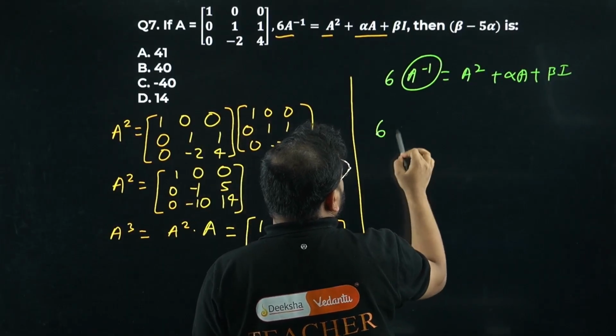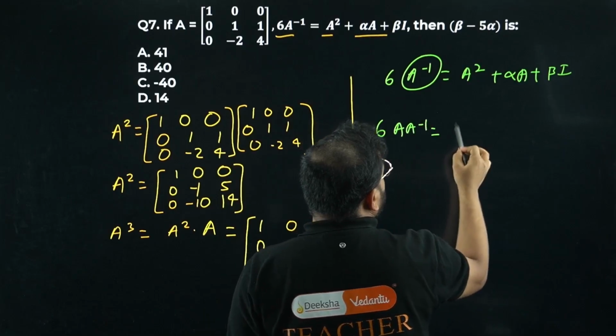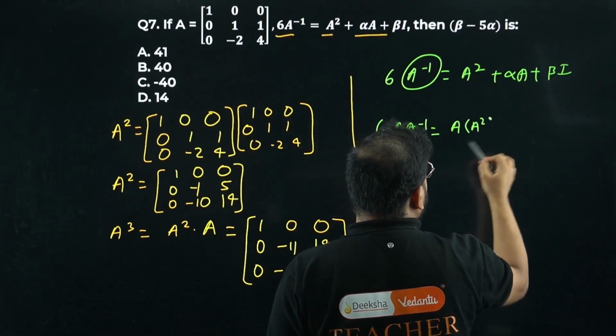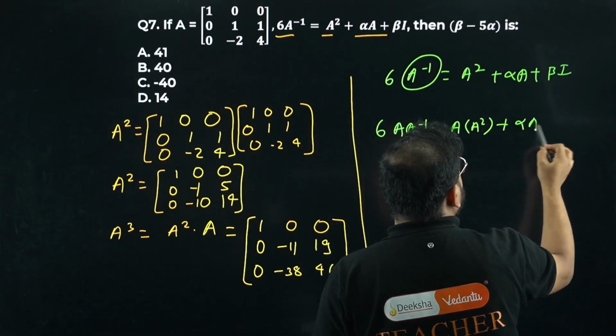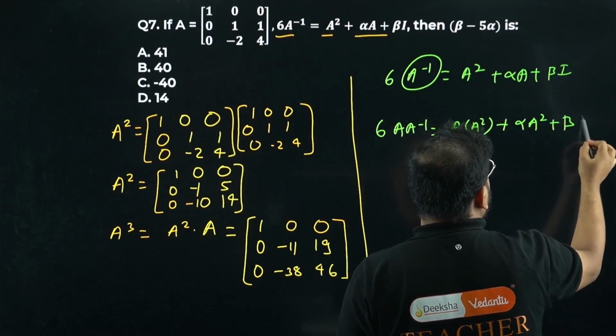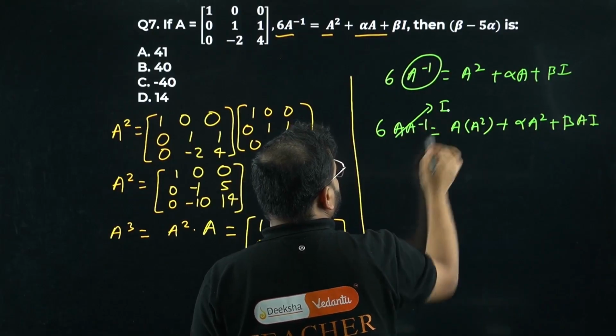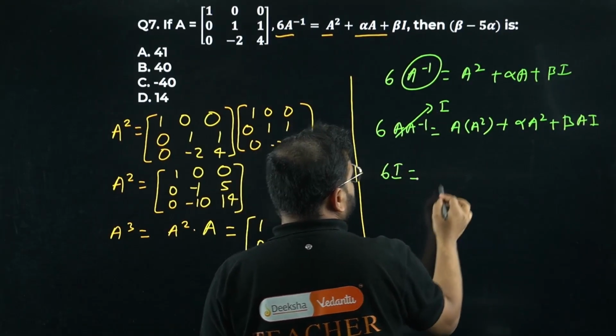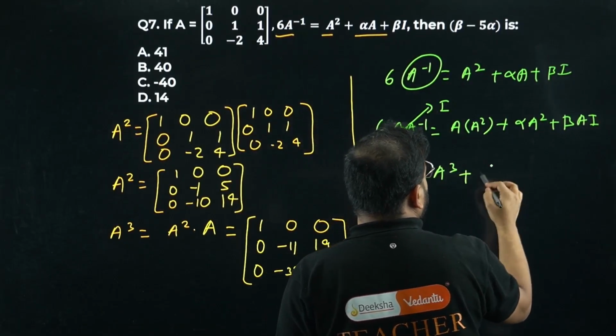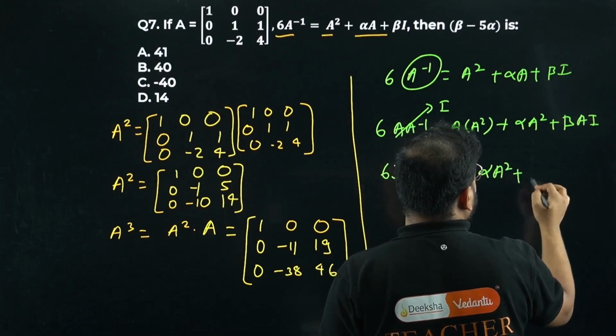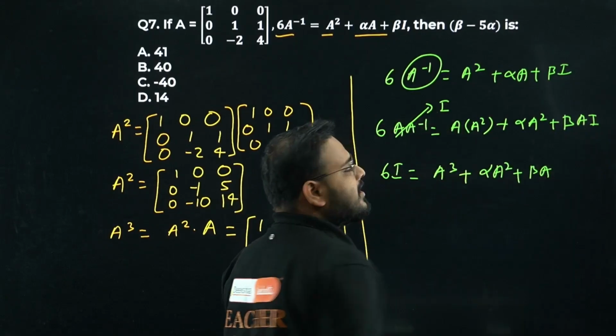So 6 times a a inverse equals a times a square plus alpha times a square plus beta a I. It will become simply I. So I'll have 6I equals a cube plus alpha a square plus beta a. aI is simply a.